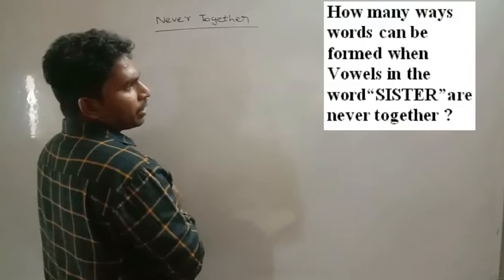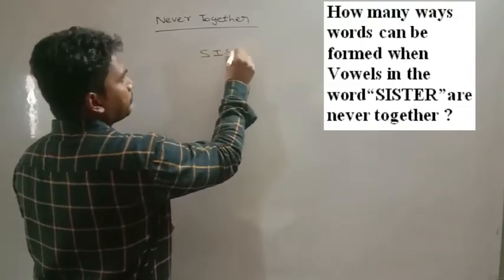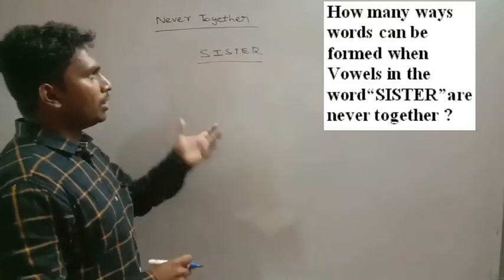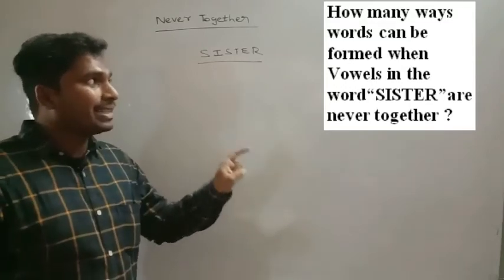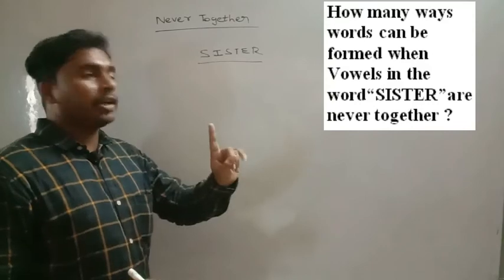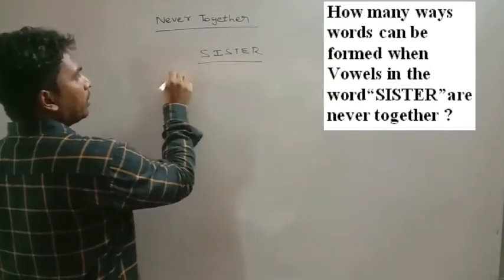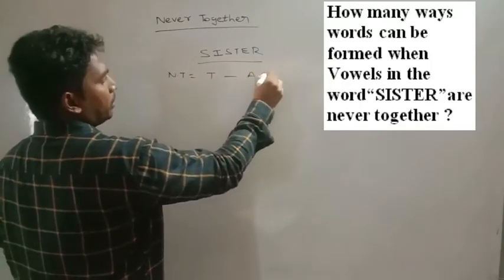Here the word given is SISTER. What they are asking is how many ways words can be formed when vowels in the word SISTER are never together. Never together is equal to total number of ways minus always together, right?